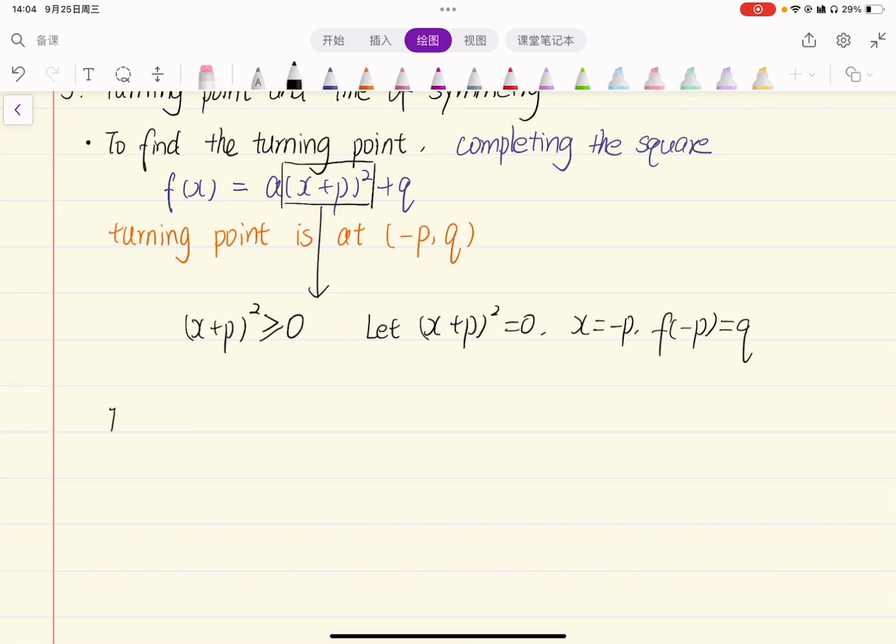If we have a greater than 0, so that is a smiley face, we have the minimum point. The turning point is a minimum point.